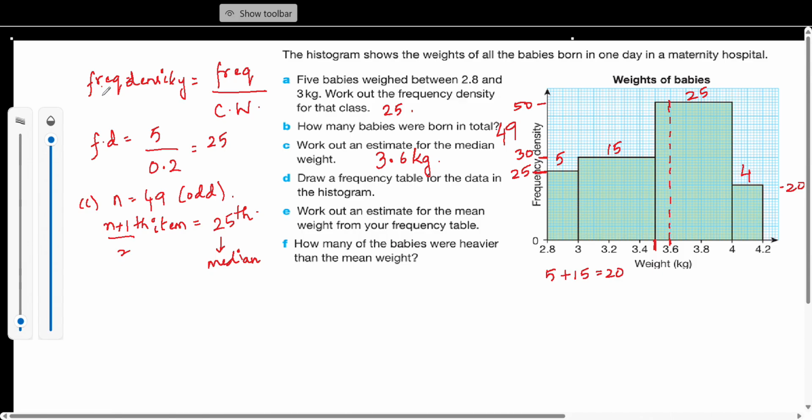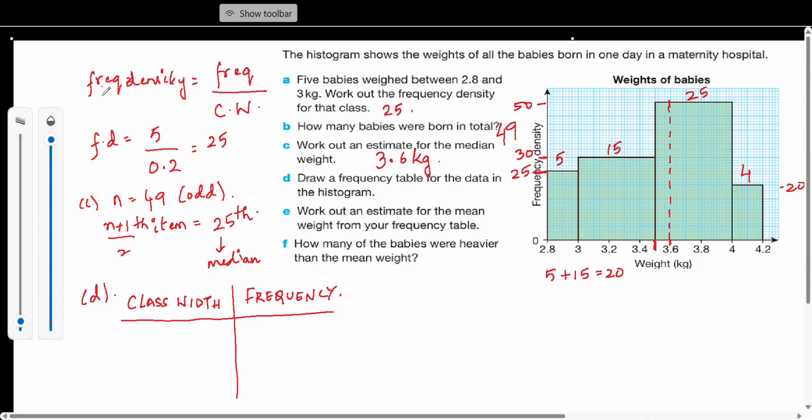Draw a frequency table for the data in the histogram. The frequency table is nothing but, first one will be class width, and the frequency.